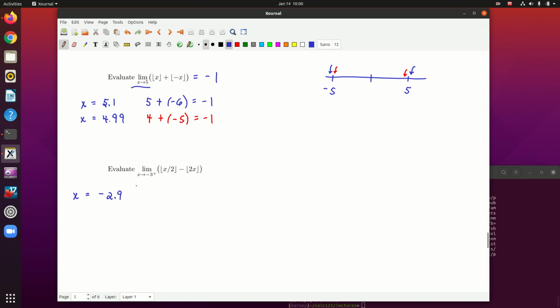Well, if you do this, then you're going to get the greatest integer of -2.9/2 minus the greatest integer of 2 times -2.9. What's that going to give us? Well, this is going to give us a -1.45.